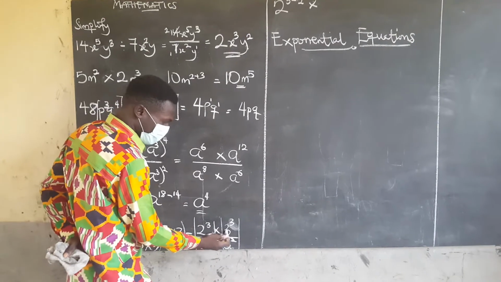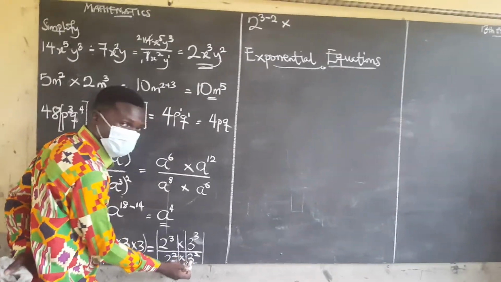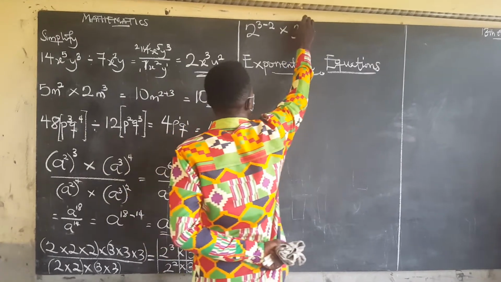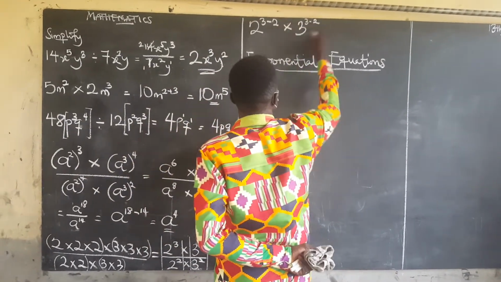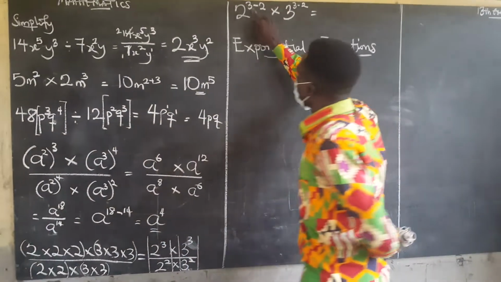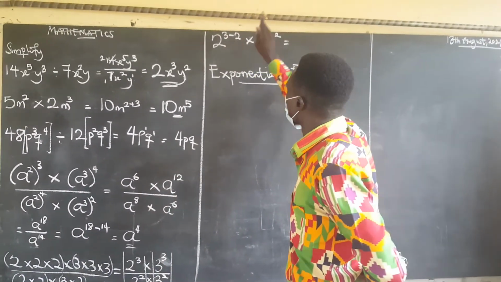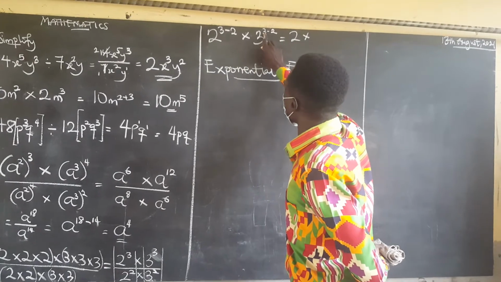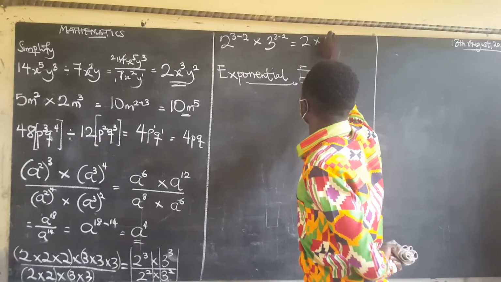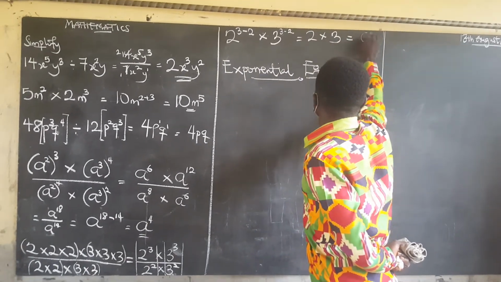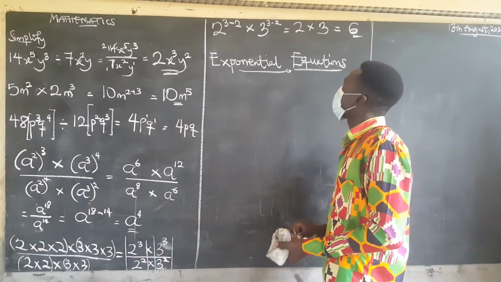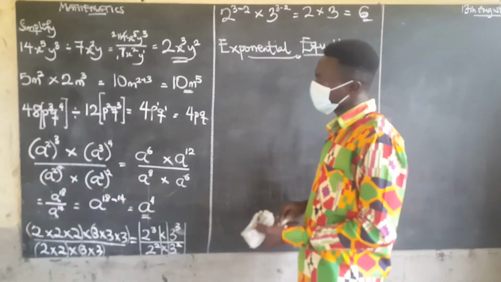Then 3 raised to the power 3 minus 2, where 3 minus 2 is 1. And 2 times 3 minus 2 is also 1. So this gives me an answer of 6, because 2 times 3 is 6.